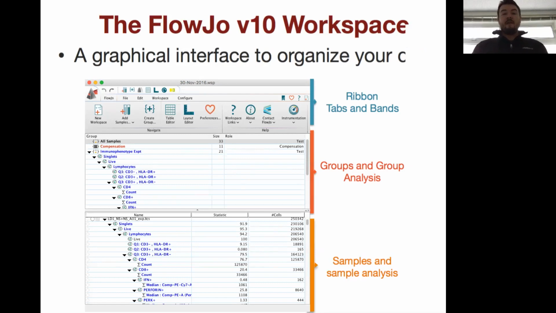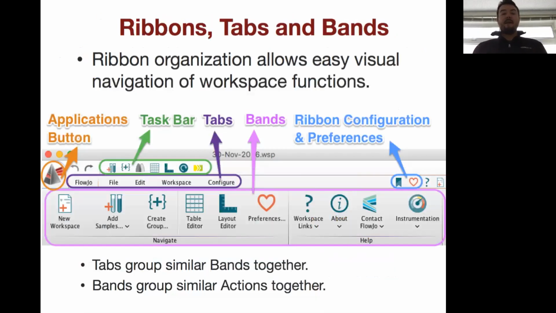With regard to that first section, ribbons, tabs, and bands, it's going to be important just to understand some of the nomenclature here. The Applications button is the button on the far left, which when clicked will allow you access to the saving functionality and new workspace options.